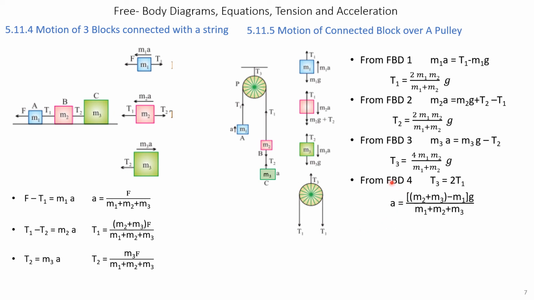Therefore, from this we can calculate A is equal to M2 plus M3 minus M1 into G divided by M1 plus M2 plus M3. From these four equations from the free body diagrams, you have to get the value of A, and then substitute the value of A in the respective equations to get the values of T1, T2 and T3.